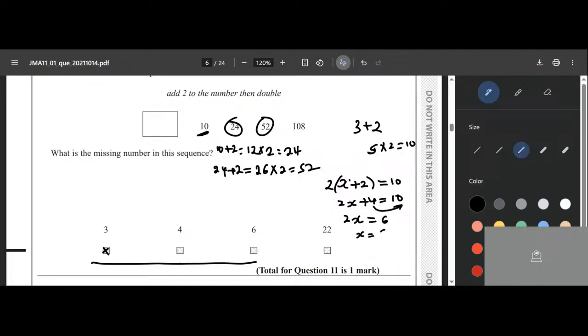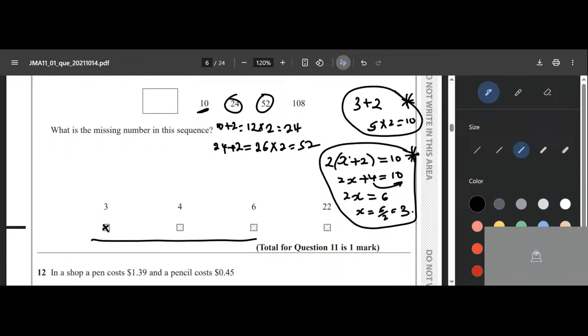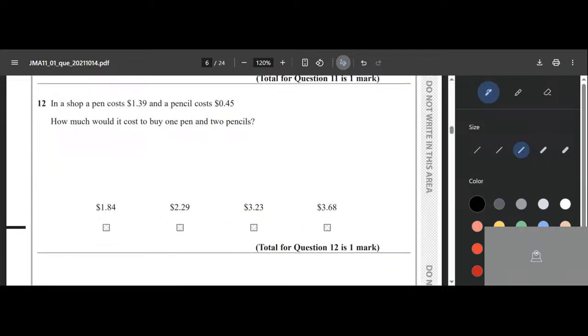Then x is equal to 6 over 2, which is 3. So this is if you want to use the algebraic method to solve it. But this is the method of using the options that have been given. All these are essential because this will help you to save time on multiple choices. But this one will help you in section B in case you find that question there under sequence and you are asked to solve it.